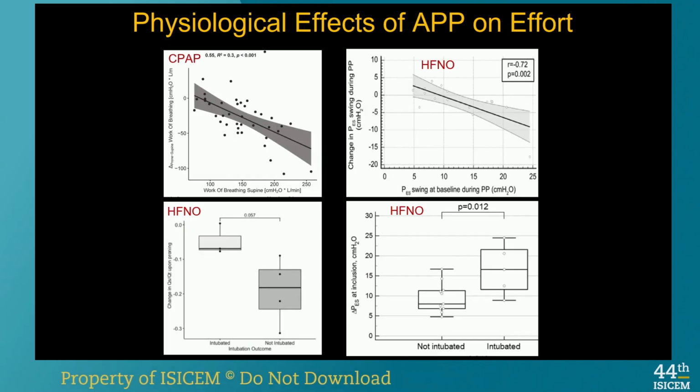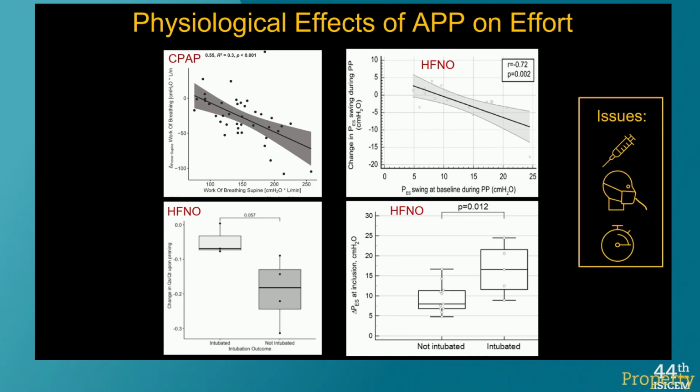And this seems to be associated with intubation, so a reduction in shunt also seems to be associated with less intubation, and a reduction in the swings in esophageal pressure, less intubation. But there is a lot of heterogeneity.